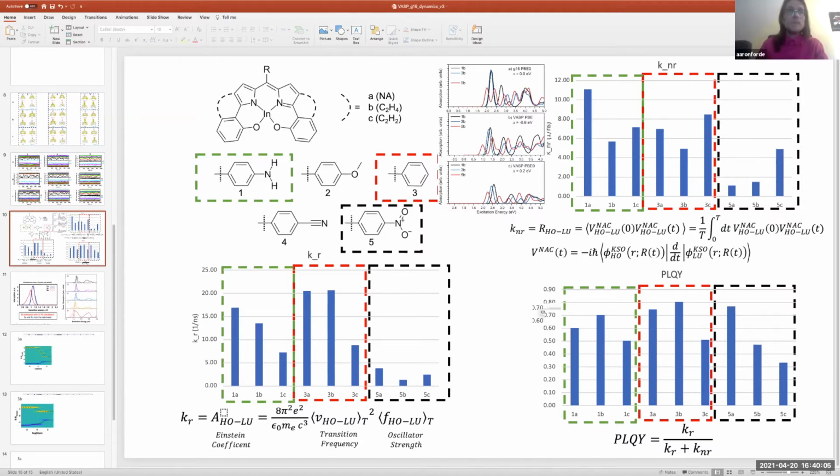Mm-hmm. Aaron, did you do a scissor operation to correct for the underestimation of the band gap? Not for the dynamics. Yeah. Because I thought when Svetlana, Dmitry, and I, and maybe you, discussed it.